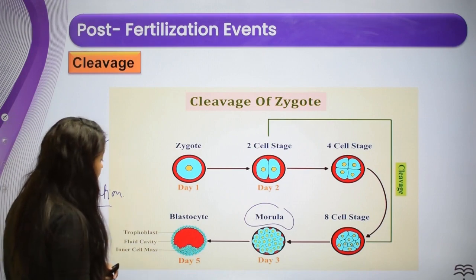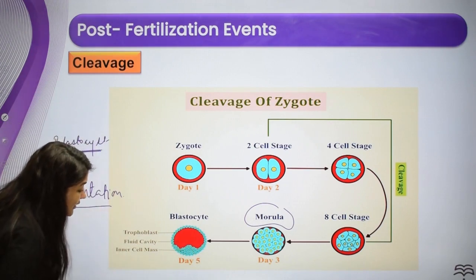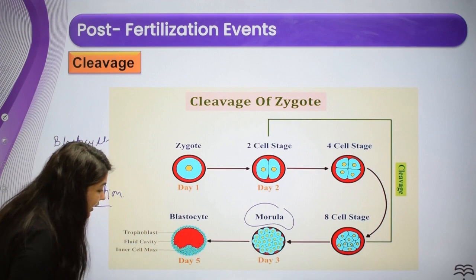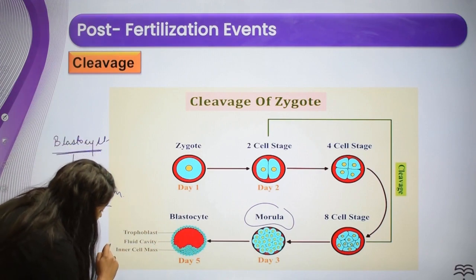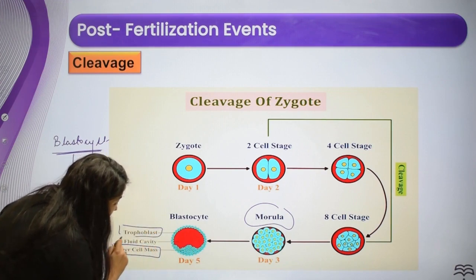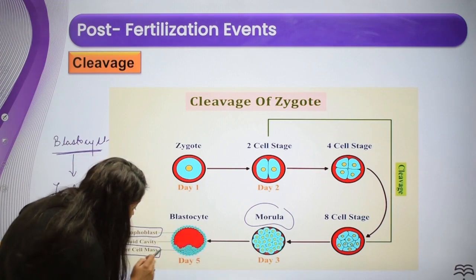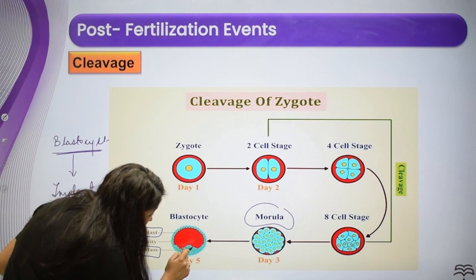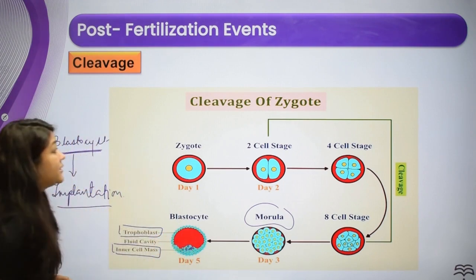Now in the structure of the blastocyst stage, see how the cells are arranged. There is a fluid-filled cavity, right? And then there is the inner cell mass and there is the trophoblast. The outer ones are the trophoblast, and this is the inner cell mass.